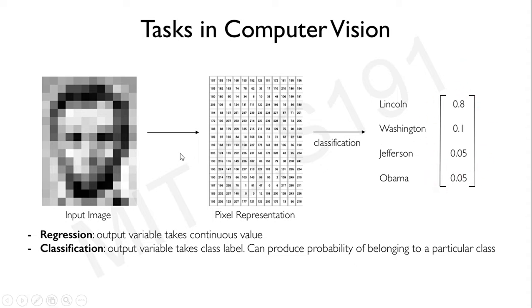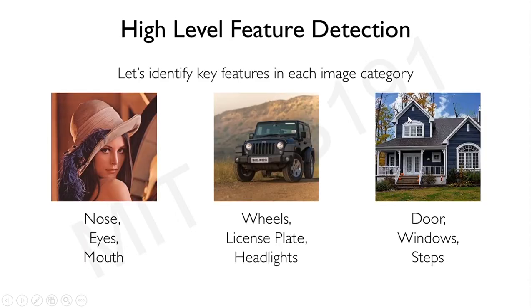So now you can understand that in order to classify a picture as Lincoln, we need to know what is unique about Lincoln versus a picture of Obama or Washington, etc. Another way to think about this problem at a high level is in terms of features that are a part of a class.